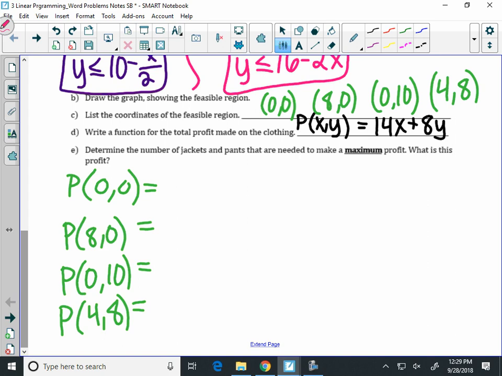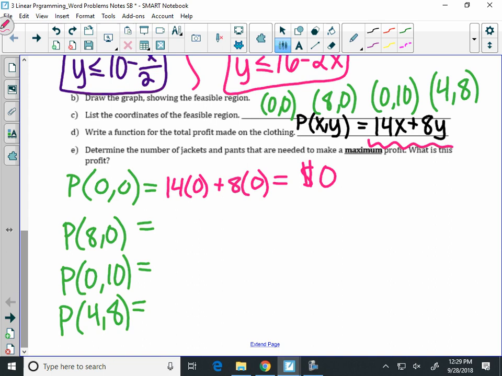So if I do 0, I take my profit function here and put 0 in for x. So 14 times 0 plus 8 times 0, which for that, you should end up getting $0. That should make sense. If I make 0 pants and 0 jackets, I make 0 money. The rest of them you should earn a profit on.